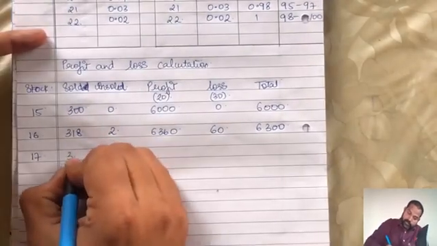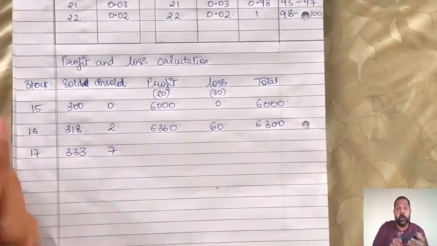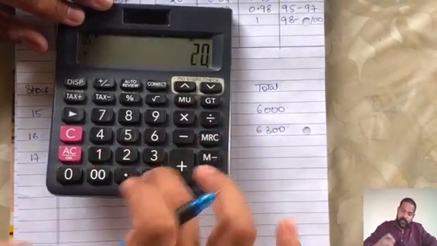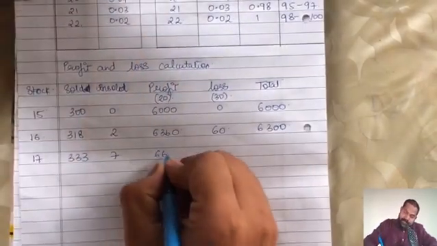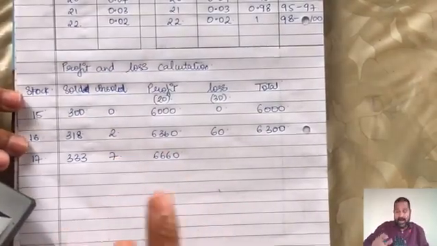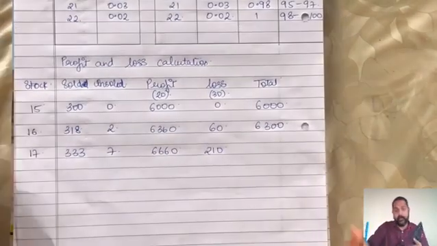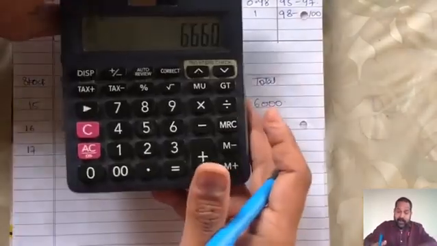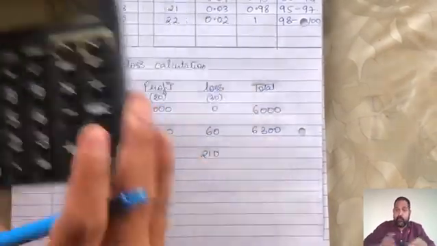So books sold is 333, unsold is 7. 333 books sold at a profit of 20 is going to be 333 into 20, which is 6660. But 7 books unsold at what? At the rate of 30 rupees. 7 3s are 21, 210 rupees are lost. In the give and take, 6660 minus 210 is 6450.